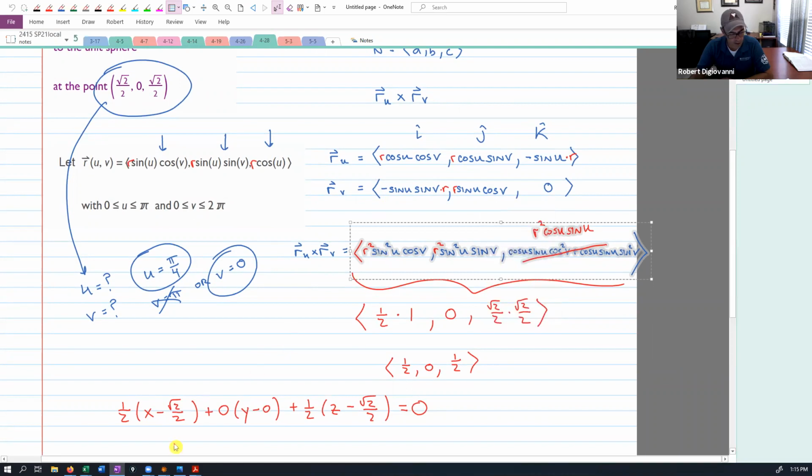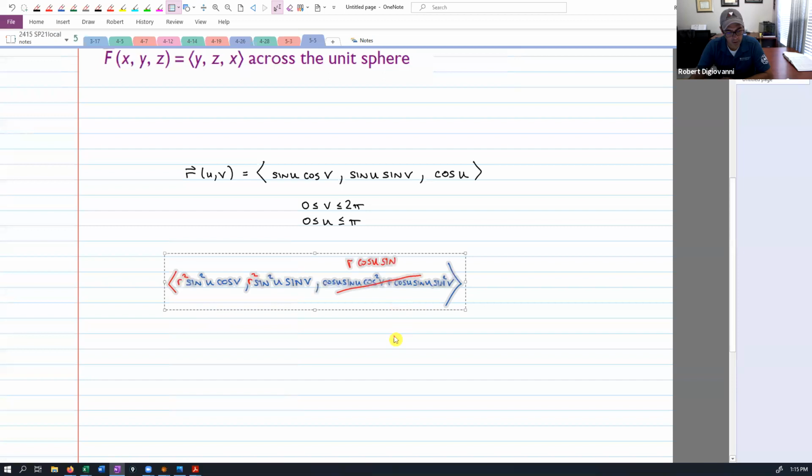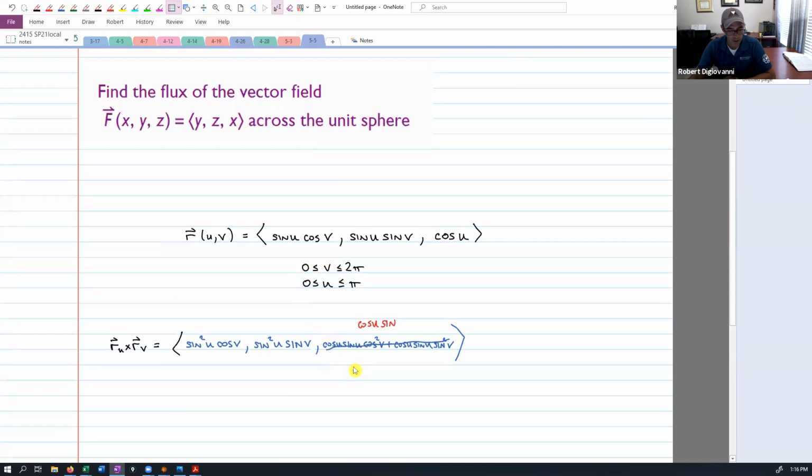Here was the cross product. Now I need to take the r's out of there. This is partial with respect to u, cross partial with respect to v. Okay, so there it is right there. So that's our cross product.